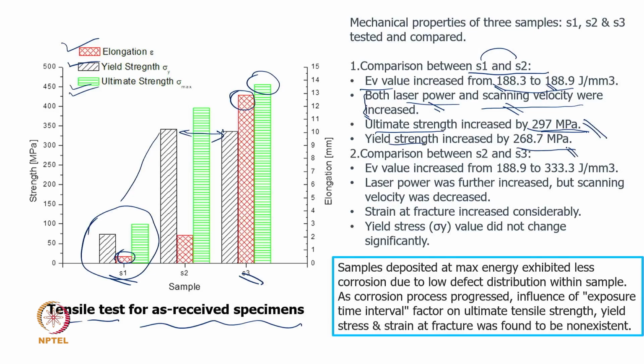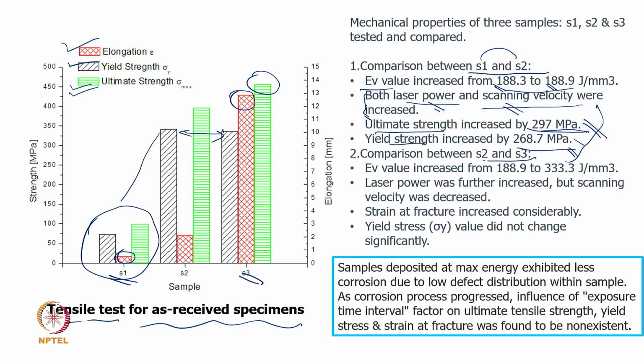So, there is a substantial change, even with the same chemical composition, because the manufacturing process changes a lot, almost 297 and 269 megapascal change in ultimate tensile strength and yield strength.